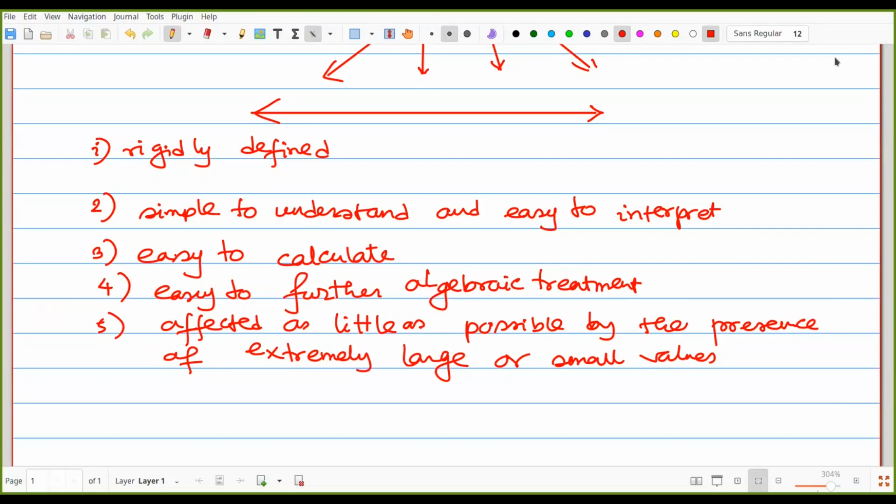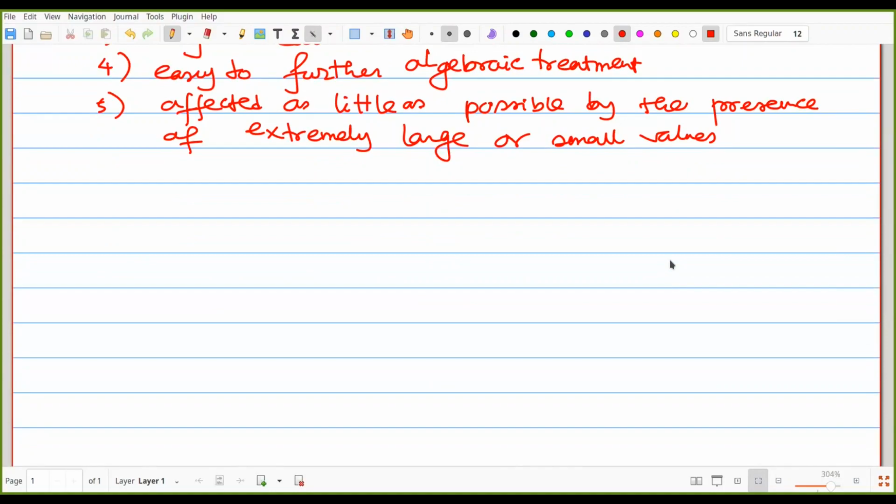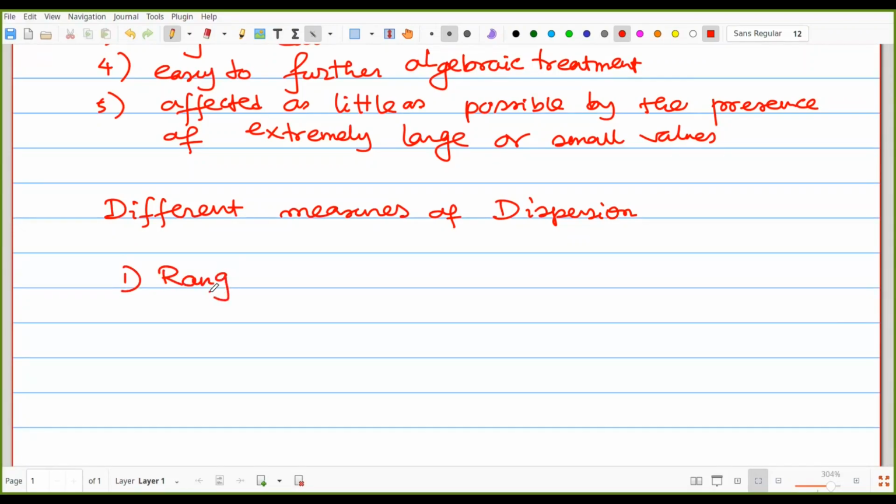Okay, so the different measures of dispersion are also in our syllabus. In your syllabus, the variance and the standard deviation are written, but practically there are four topics in the different measures of dispersion, because without the first three topics we cannot proceed to the last one, the variance and standard deviation. The first one is called the range.